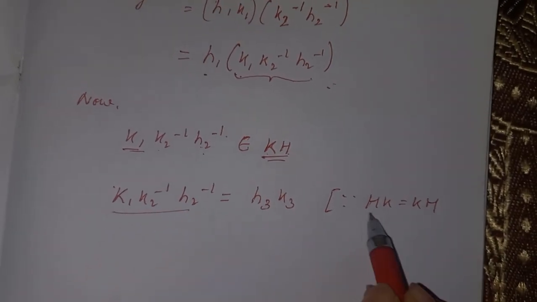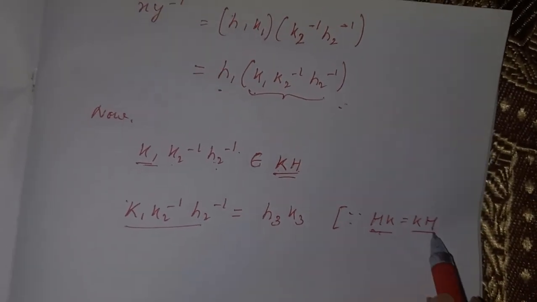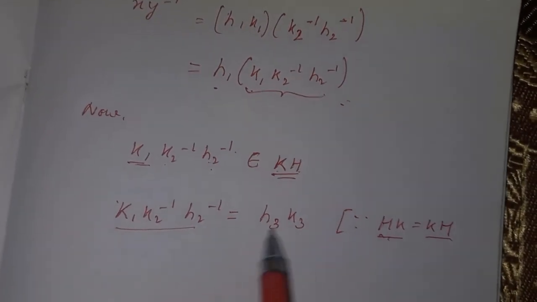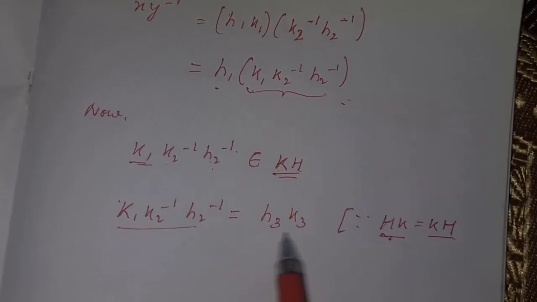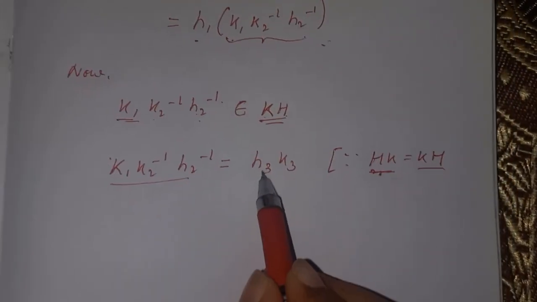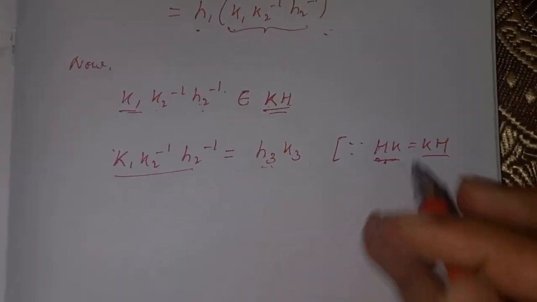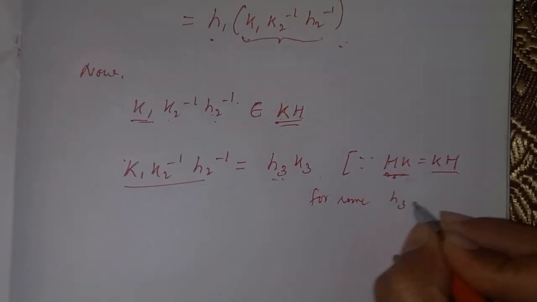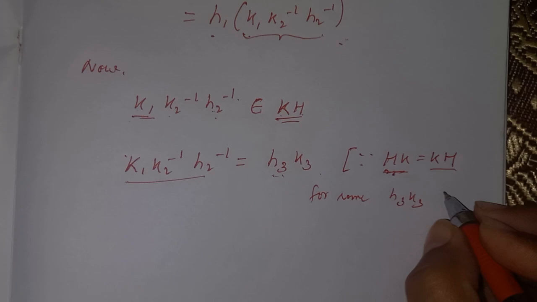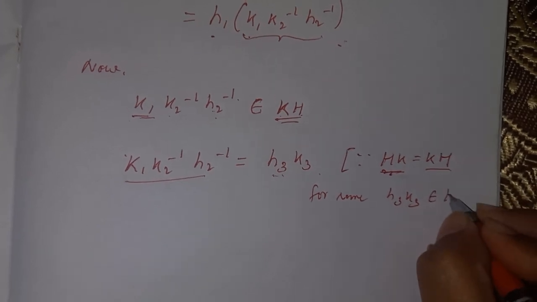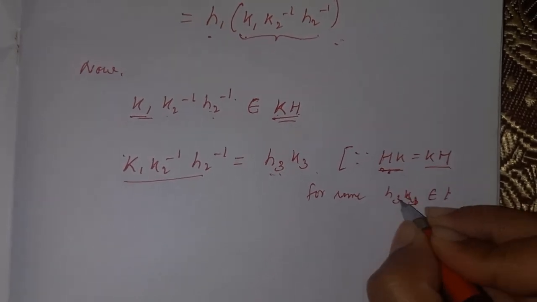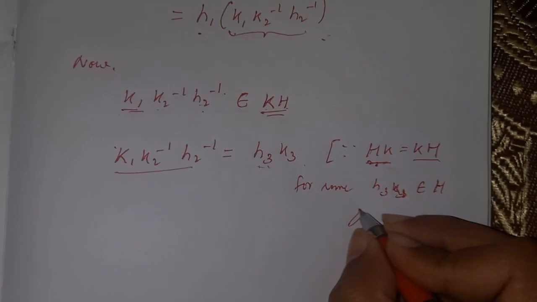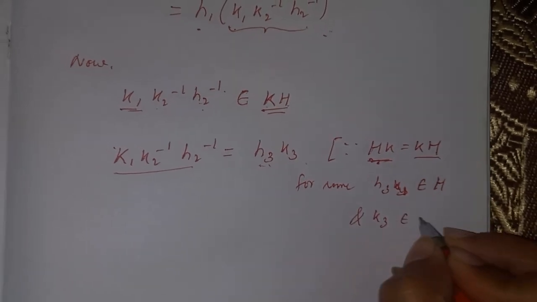Since this element is in KH, it can also be written in the form of HK. So we have written it in the form h3 k3 for some h3 belonging to H and k3 belonging to K.